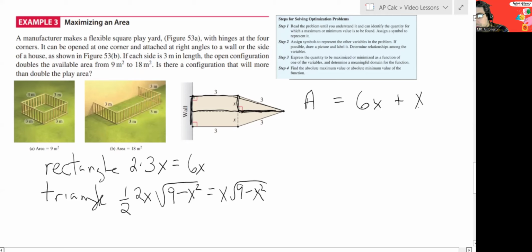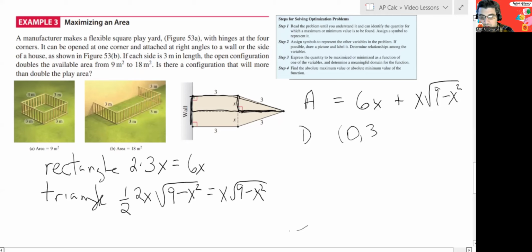So at the top, we have x times square root of 9 minus x squared. All right. So the domain here is going to be the interval from 0 to 3.